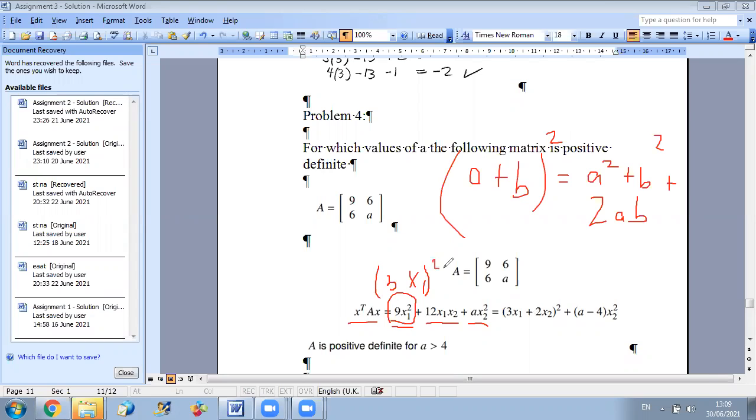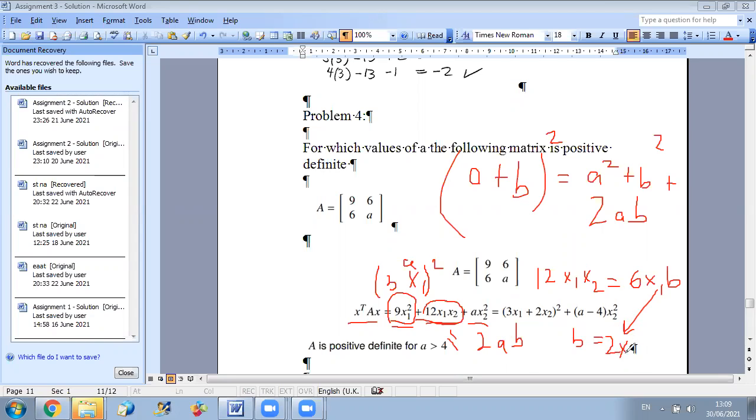So you can call it a. Now, this term 12x1 x2 to be equal to 2ab, what should b be? Let us try to do it. If 2ab is equal to 12x1 x2, and you replace a by its value, which is 3x1, you write 12x1 x2 is equal to 6x1 times b. So you can see that from here b should be equal to 2x2.